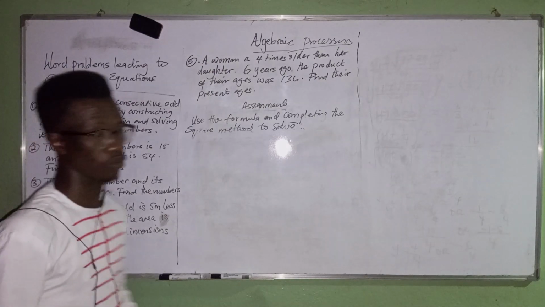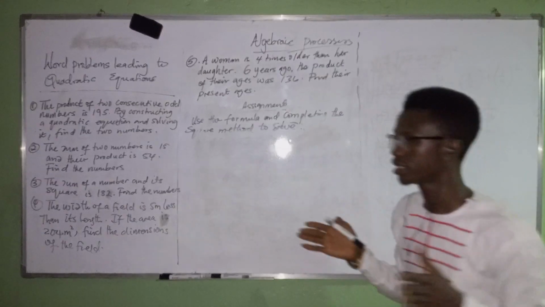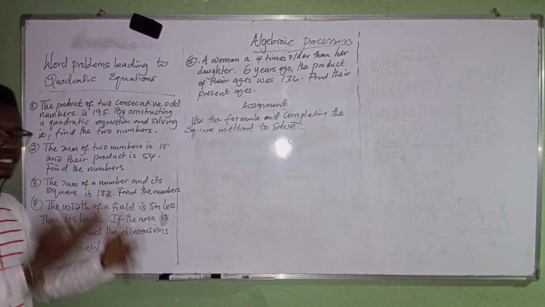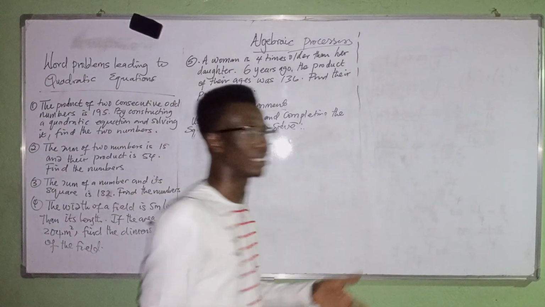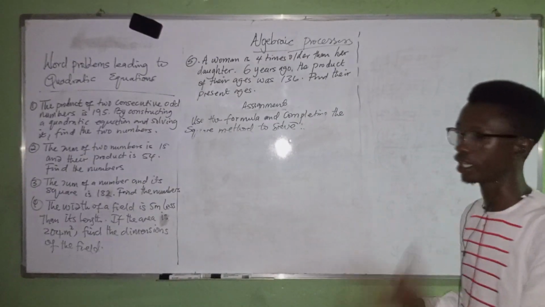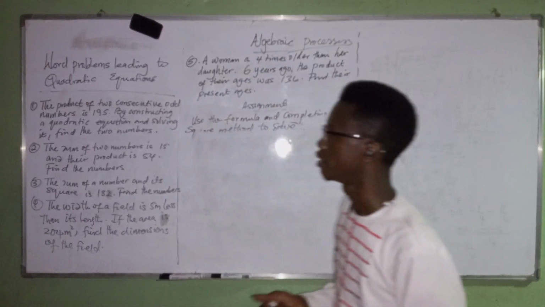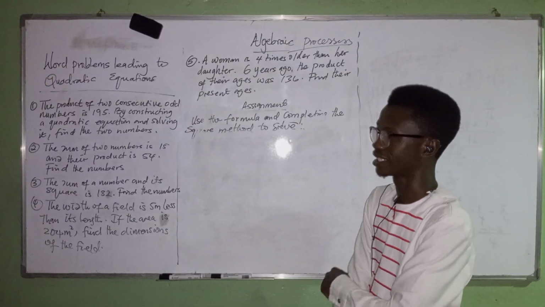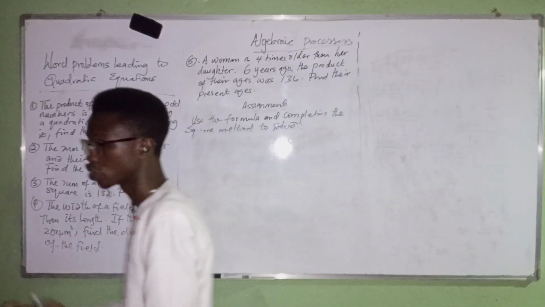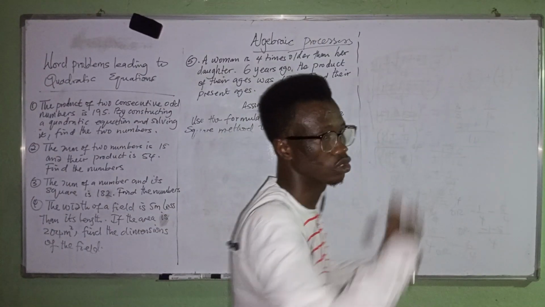Problems leading to quadratic equations, or word problems in general, is where you are given a statement and you are expected to interpret that statement, representing particular numbers. So you use variables to represent numbers and solve, get the variables, because you need to find your unknowns. There are certain terms you need to understand when it comes to word problems. Words like "is" most often mean equals to, "more than" means plus.